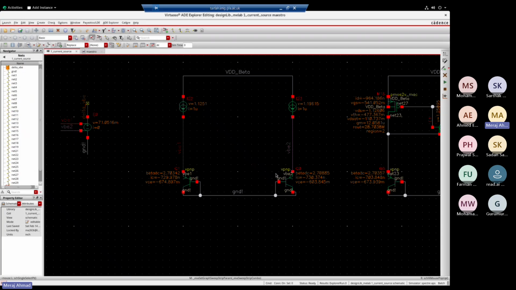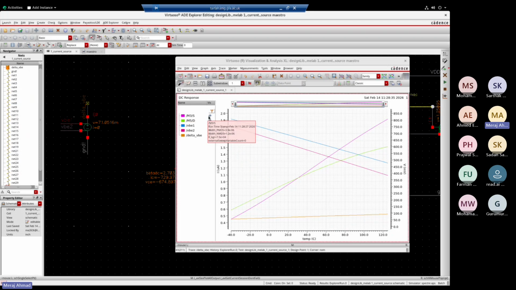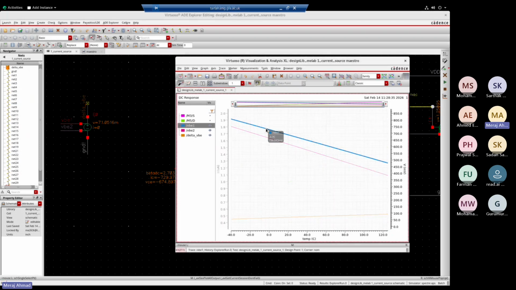So let's go quickly. I just selected this, which is my VBE1. I will press M and D. So my slope is minus 2 millivolt per degree Celsius. I will write it down somewhere: my delta VBE1 by delta T is minus 2 millivolt, because it's going down.